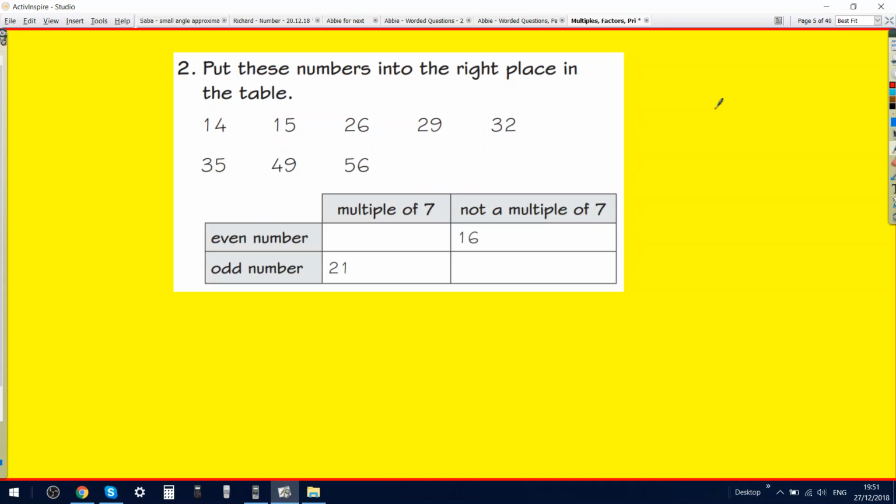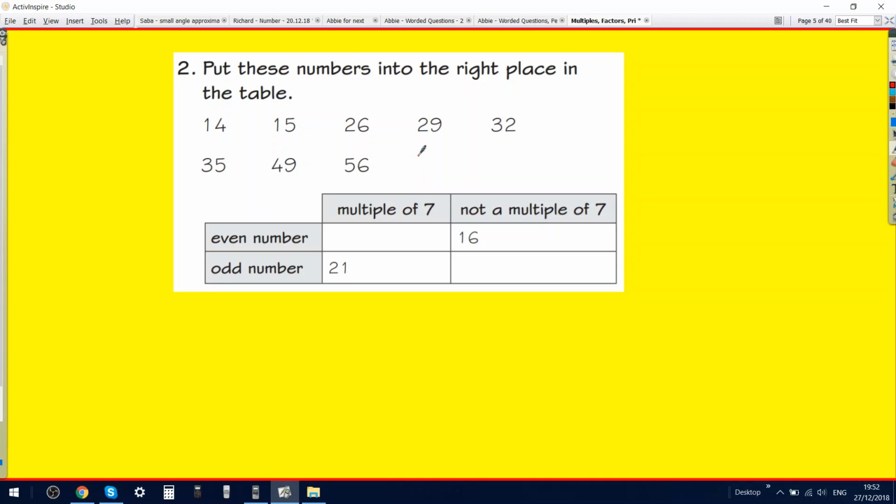Okay, how about this? Put the numbers into the right place in the table. So even number, odd number, multiple of 7, not a multiple of 7. So 14, that's an even number. And it is a multiple of 7, because 7 times 2 is 14.